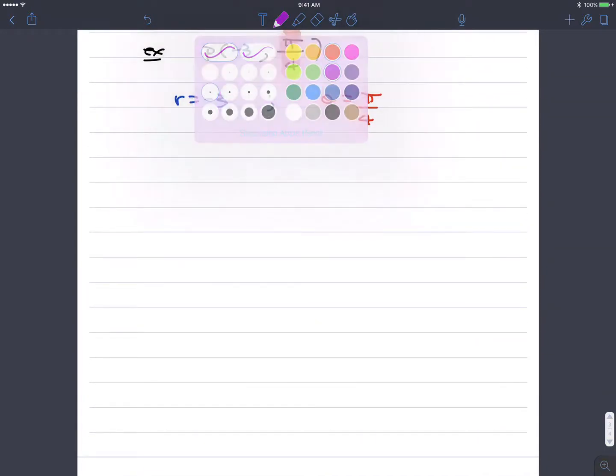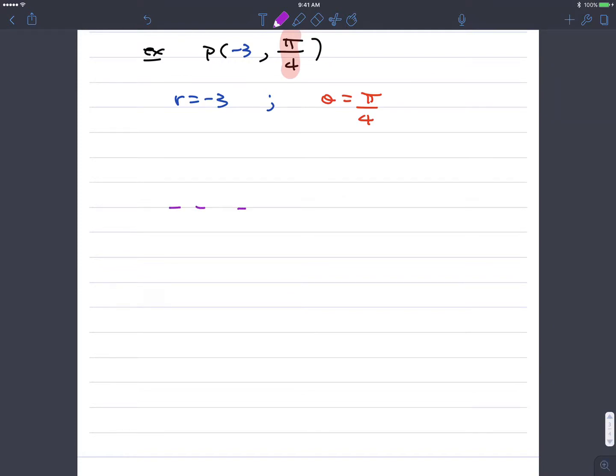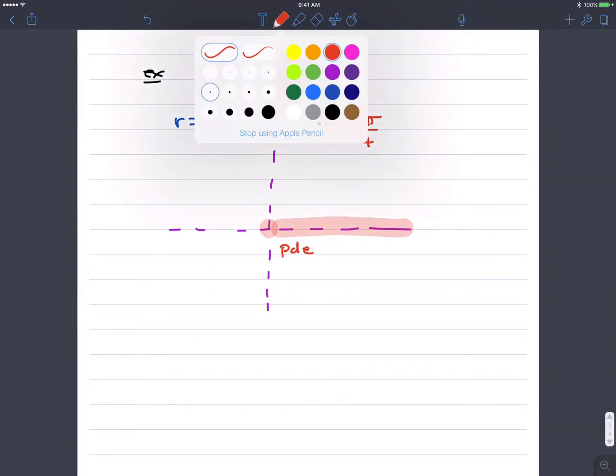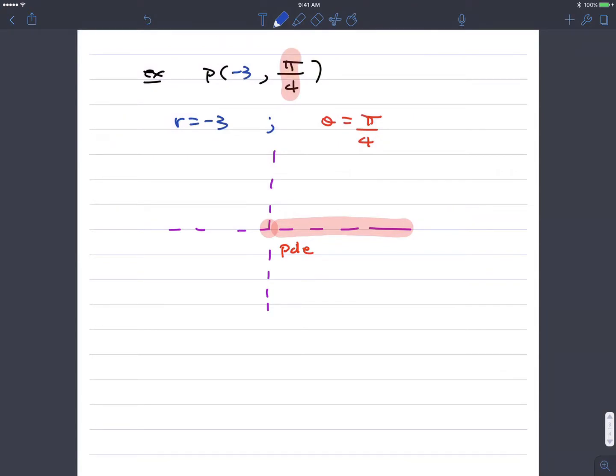Let's draw some axes again. I'm going to draw my imaginary x-axis, imaginary y-axis. In the center again, this thing is known as the pole. And again, we can say this line is our polar axis. So we're going to start by simply rotating our angle.